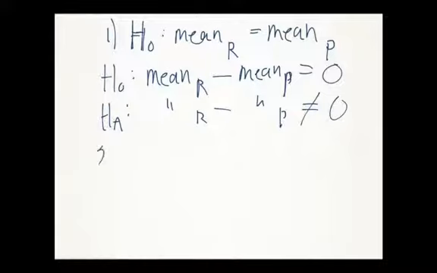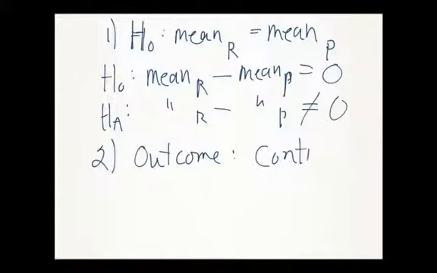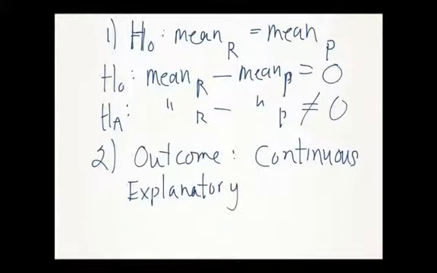And so what kind of data am I dealing with? Well, my outcome, we said, was continuous. Again, as we move forward in this course, you always want to think about the types of variables that you're dealing with. So here we have a continuous outcome, and our explanatory variable is group membership, and that's binary, right?